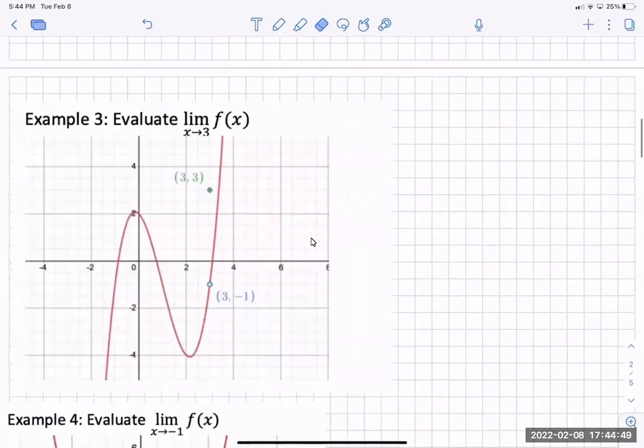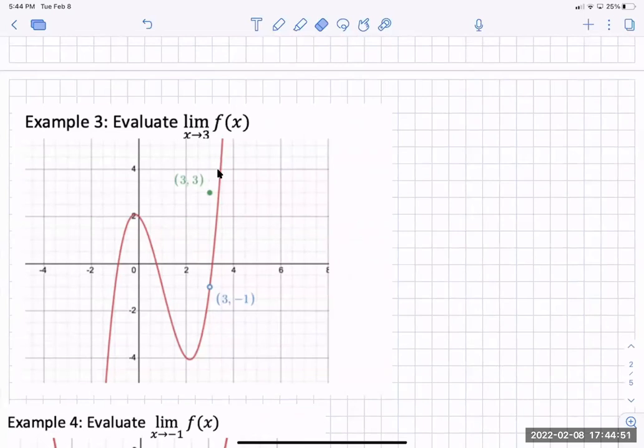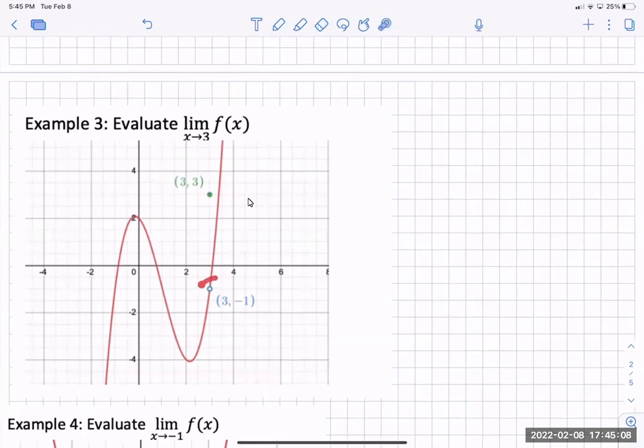So to find the limit of a function on the graph, we're going to look at the curve. We want to find the limit as x approaches 3 of the function. At x equal to 3, there are two different locations: one is the point down here, and one is the point up here. So what is the limit as x approaches 3?